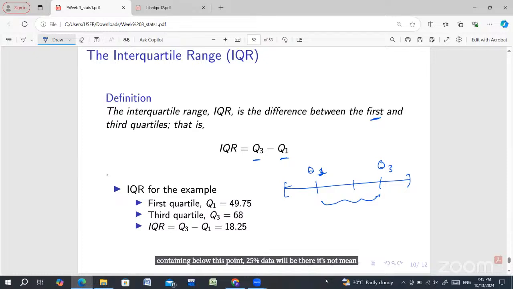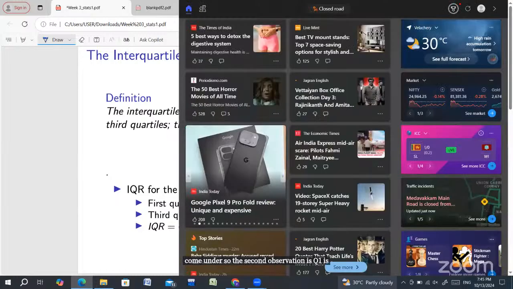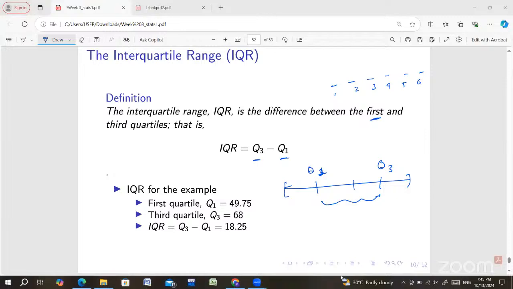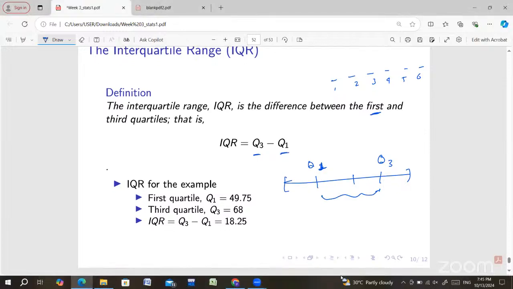Suppose there are 6 observations, then it must be 2, right? The first two observations come under it. So the second observation is Q1, is it?